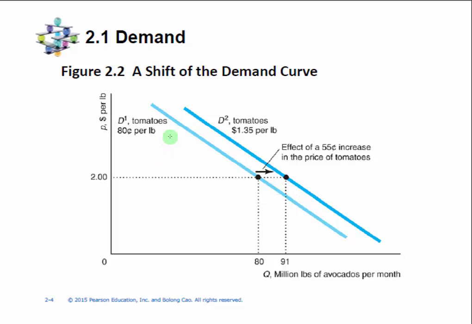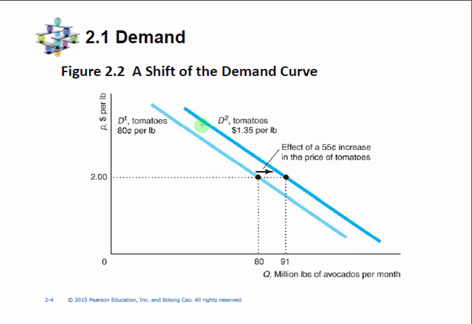Here, we are talking about the price of tomatoes going up, and because avocados kind of substitute for tomatoes, but tomatoes become more expensive, consumers can only buy less, and they use avocados to substitute for tomatoes.